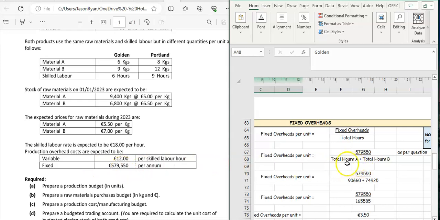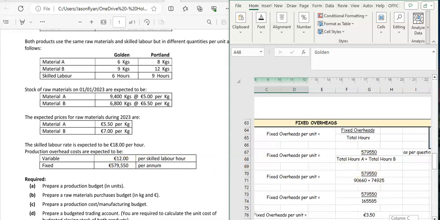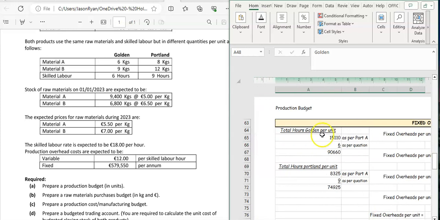So our total hours are our total hours for Portland plus our total hours for Golden. For Golden, we've got 15,110 units to make. It's going to take us 6 hours to make 1 unit. So to make these 15,110 is going to take us 90,660 hours to make Golden.